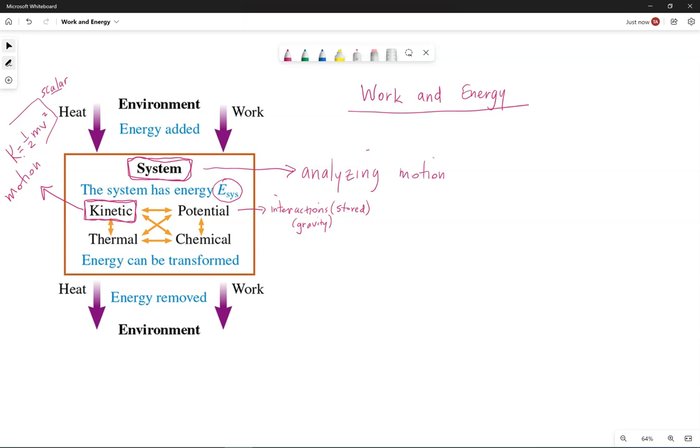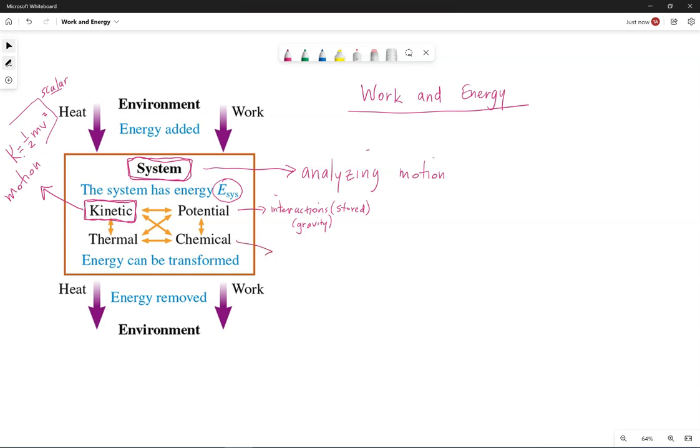Somehow there's this ability, because the earth is there, gravity is going to act on this object. There's this ability for the object to move because of gravity. Potential energy is specifically addressed in chapter 10 though. So in chapter 9, we won't specifically do anything with potential energy yet.